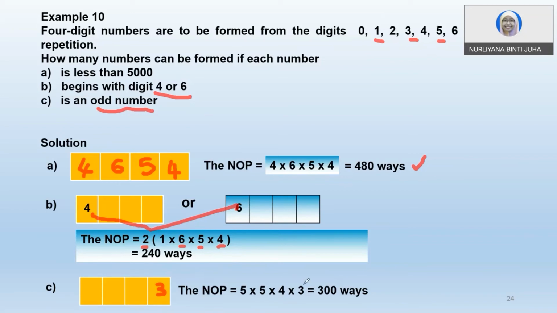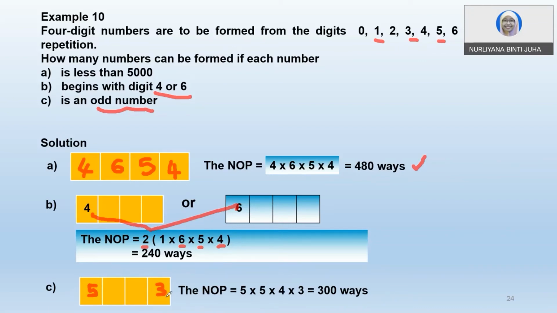Okay? So and then okay, since dia ada 3 dekat sini, you have like 5 numbers lagi lah dekat depan. 5 numbers dekat depan. So you boleh start lagi dekat depan. 5 numbers. Kenapa I said 5 numbers not 6?